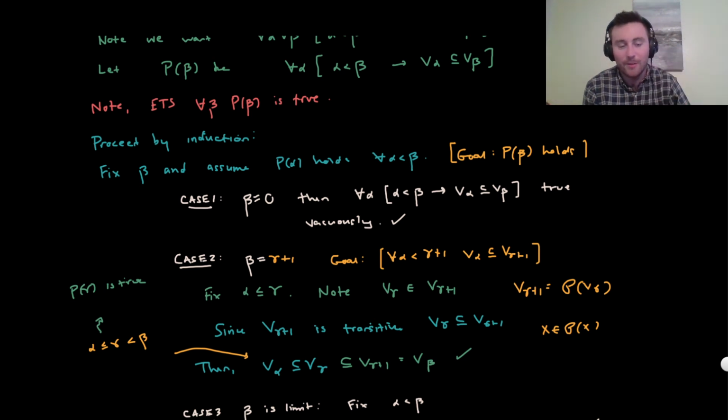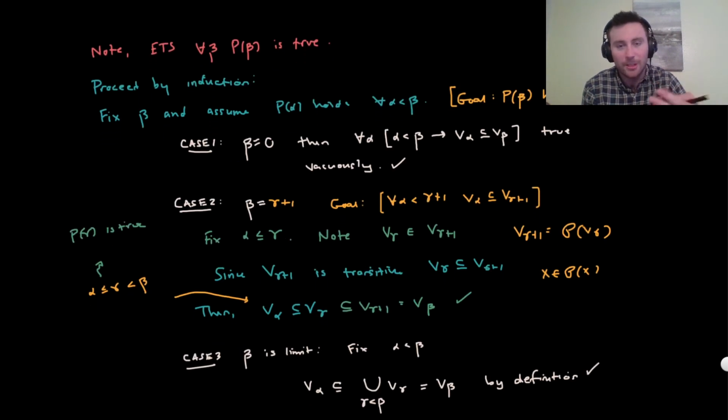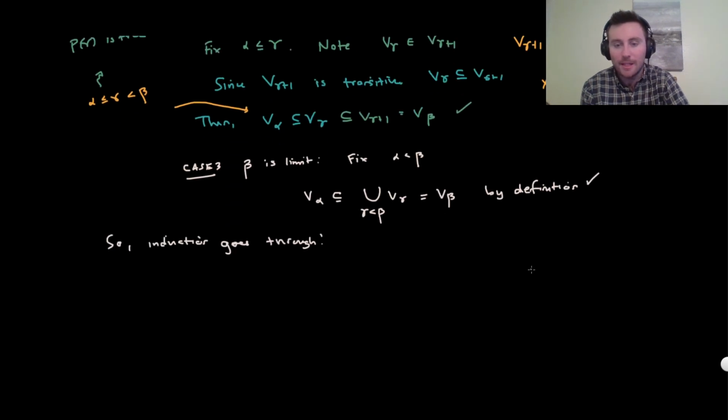We considered the three different cases. The hardest case is case 2. This is when we're really directly using the induction hypothesis, where we need to use the fact that, because alpha and gamma are both less than beta, it would have to be the case that V alpha is a subset of V gamma. Okay. But then that's it. So that's what we wanted to argue.